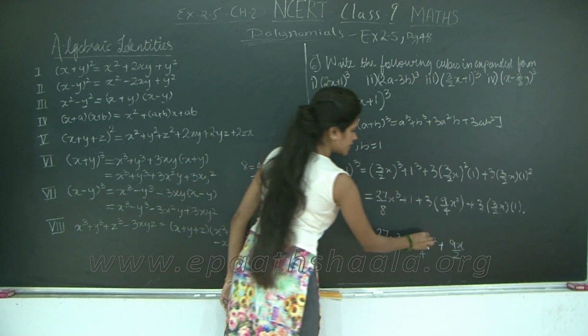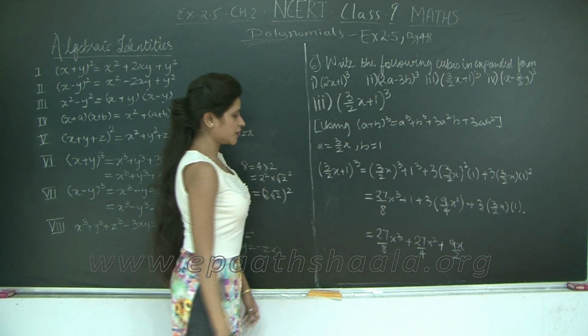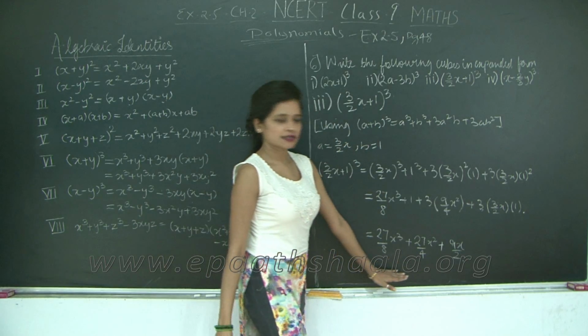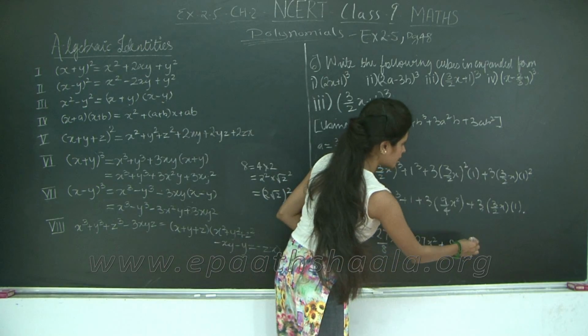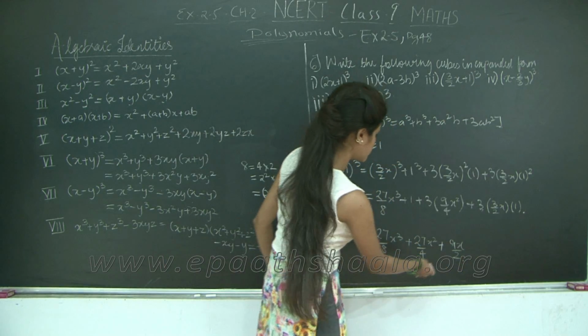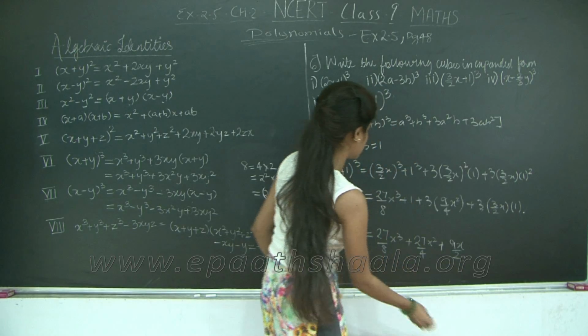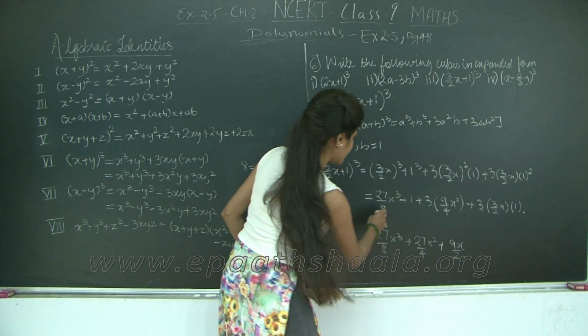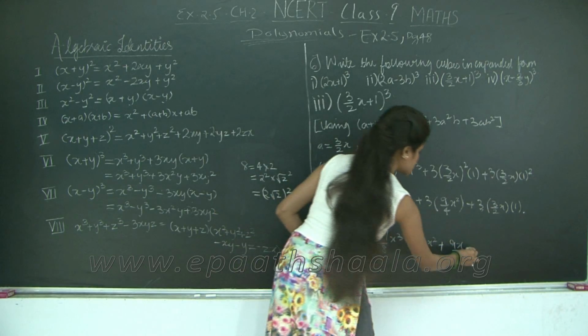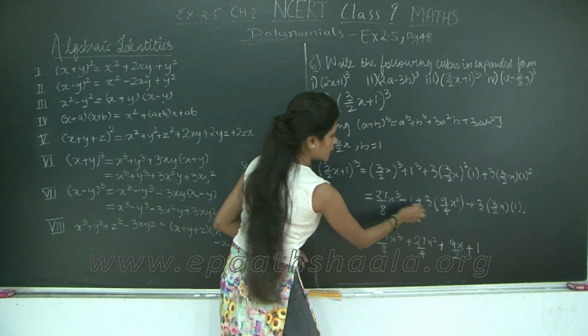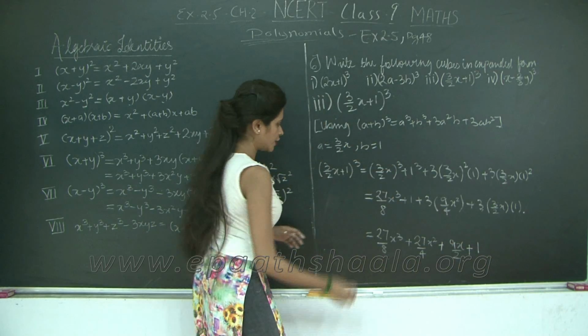And this is in the descending order of my exponents. Plus, if you notice, this is a polynomial in one variable. Plus 1. Have I missed out anything? Plus 1. This one I'm writing over here.